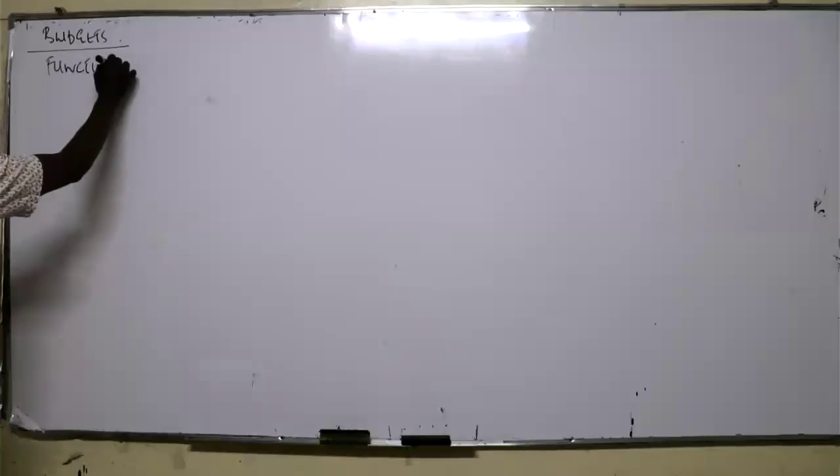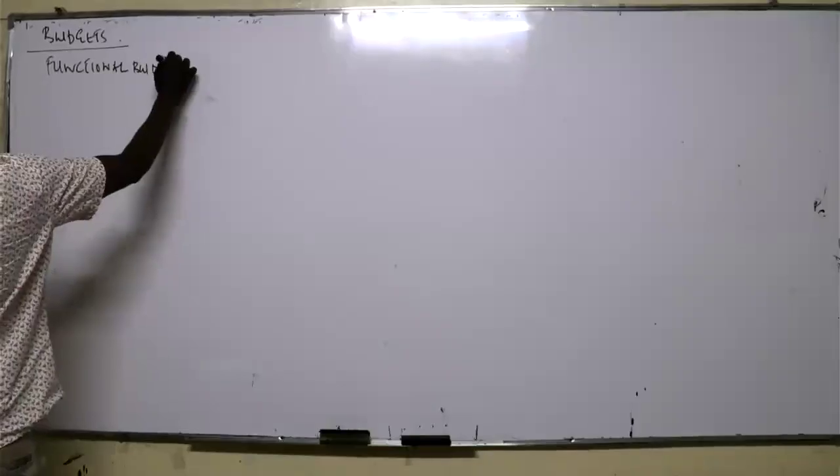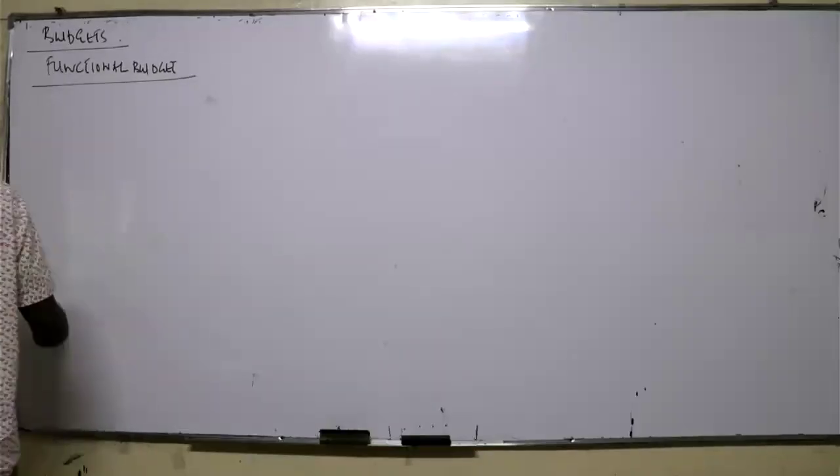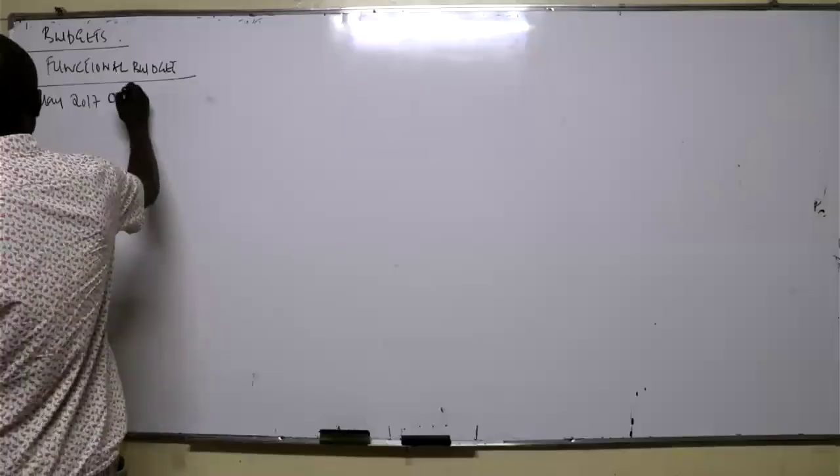Although it has been done, we're just doing functional budgets, and our question is May 2017, question number 5B. So you can open it.